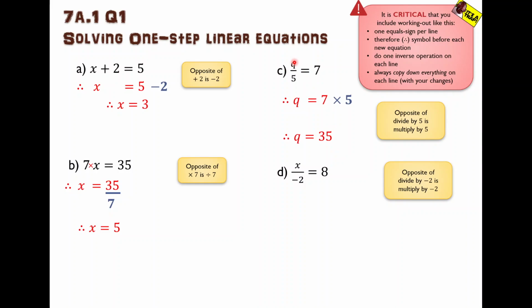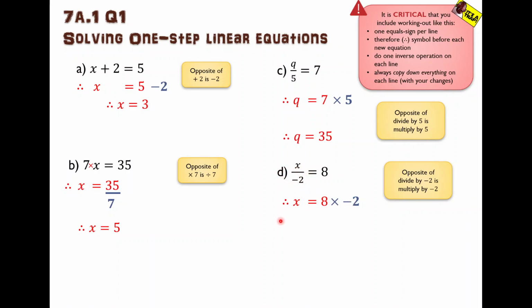So it's the solution. This last one, I've got x divided by -2. So x has been divided by -2. The opposite of dividing by -2 is multiplying by -2. So that divide by -2 here will disappear and it will turn into multiply by -2.